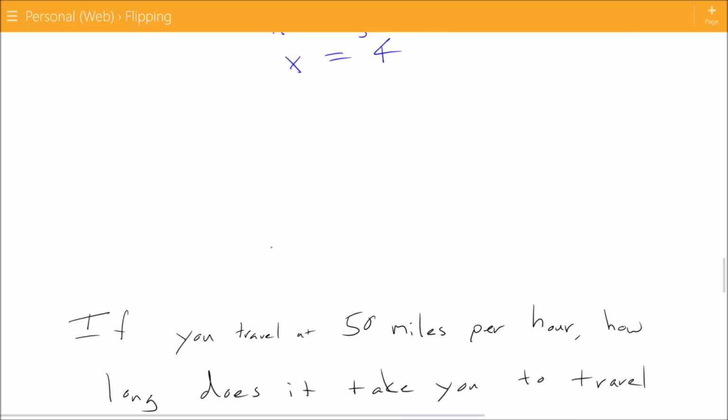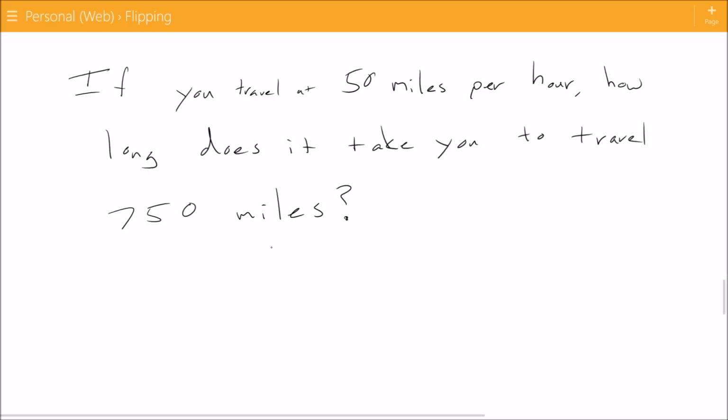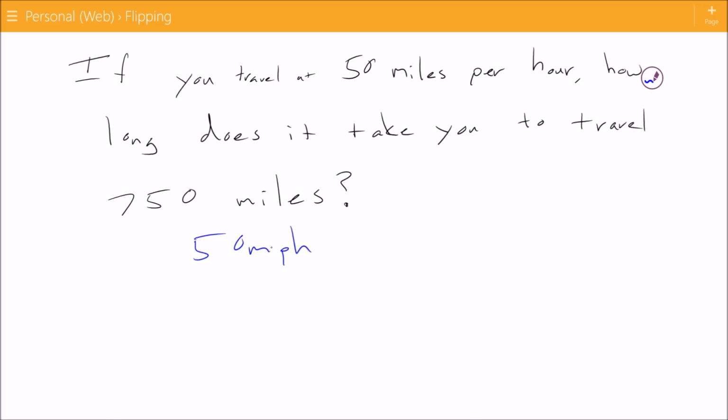Let's do one more. If you travel at 50 miles per hour, how long does it take you to travel 750 miles? 50 miles per hour, we often write like that, but what we can really do is write it as 50 miles per 1 hour.